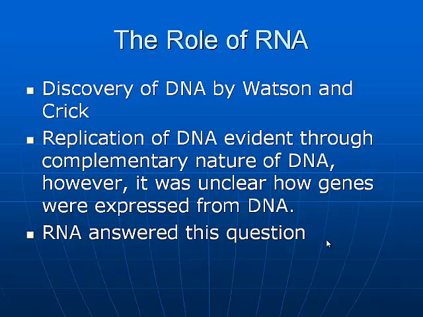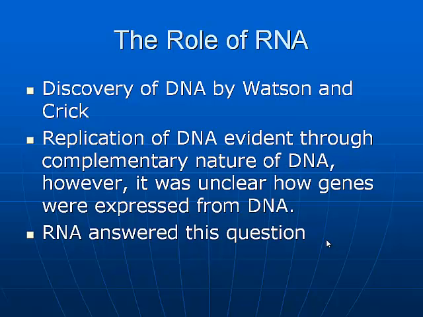Adenine pairs with thymine, A to T, and cytosine pairs with guanine, C to G. So in those complementary strands, they're kept together by hydrogen bonds, and it was evident that this could contain the genetic material for life.